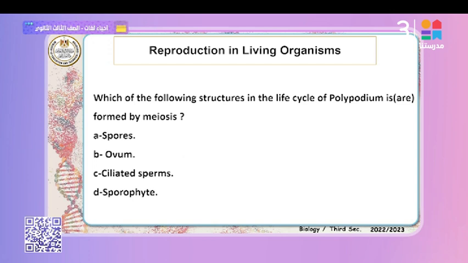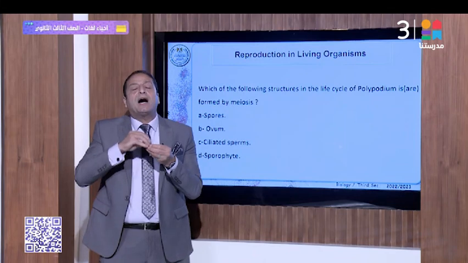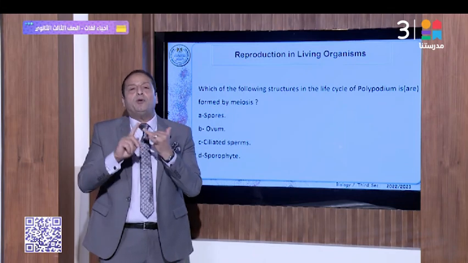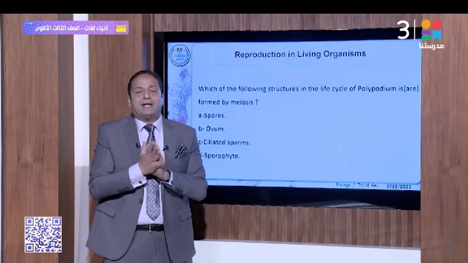Another question related to reproduction in living organisms. Which of the following structures in the life cycle of Polypodium is or are formed by meiosis? Polypodium has a specific type called alternation of generations, okay? Alternation of generations is a specific type of life cycle, in both Polypodium and Adiantum, and in the life cycle of malaria.